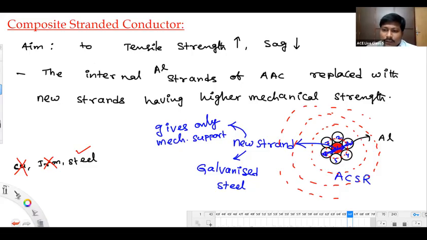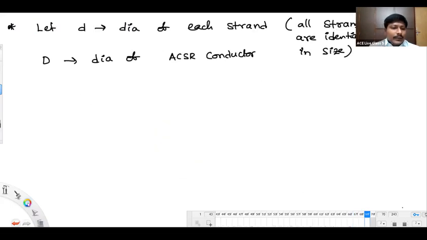What's the total now? It will be 3 times small d. So a one layer ACSR conductor will have a diameter of 3 times small d. I think it is acceptable to all.